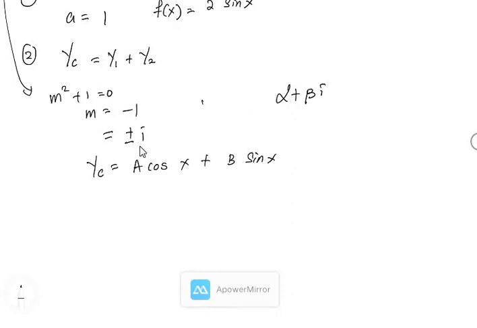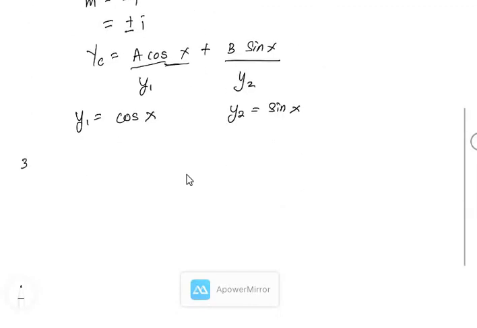Since it is alpha plus beta i, alpha is 0, so you get e to the 0, which is 1. So a cos beta x plus b sin beta x, where beta is 1. Then from here, we assume y1 and y2: y1 equal to cos x and y2 equal to sin x.